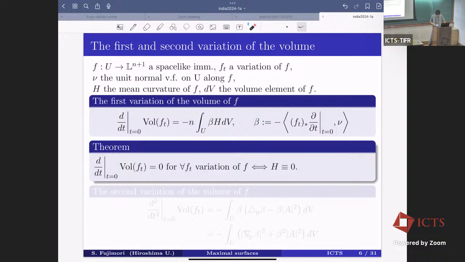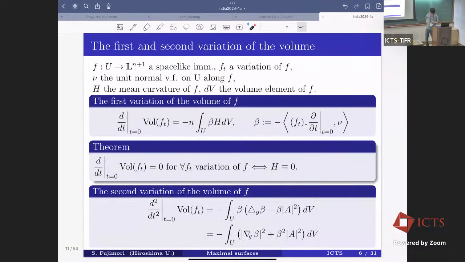But then, in this situation, we can compute a further derivative, the second derivative of f_t. Then we have this equation. So beta is again here. And Laplacian G is the Laplacian with respect to the first fundamental form.